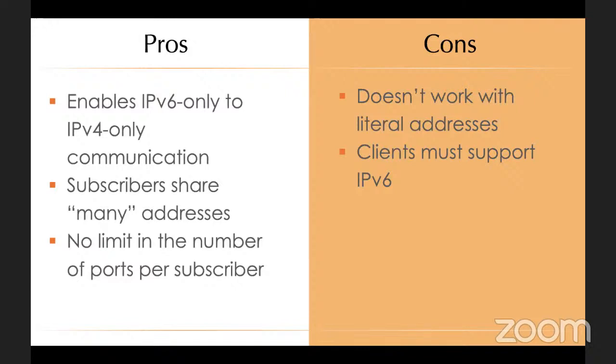But for NAT64, it can enable v6 only to v4 only communication. Then subscribers share many addresses. Remember the pool that you configure on the NAT64 device. So subscribers will be sharing that. Then there's no limit in terms of number of ports. But the biggest disadvantage is it doesn't work with literal addresses, and clients must support IPv6.